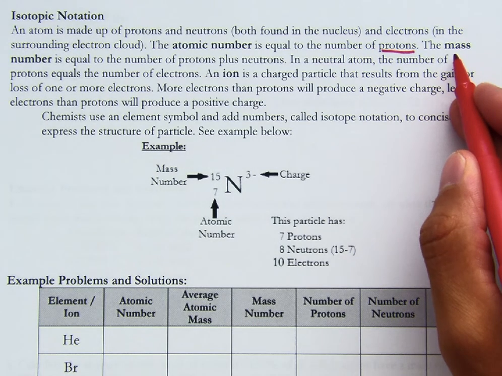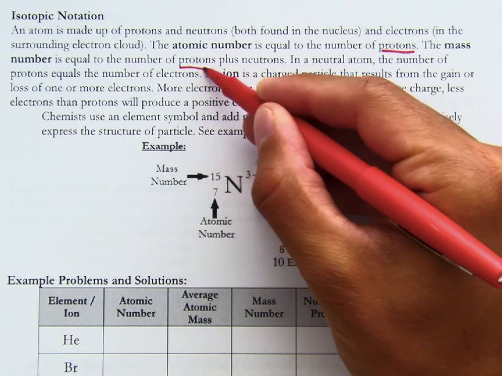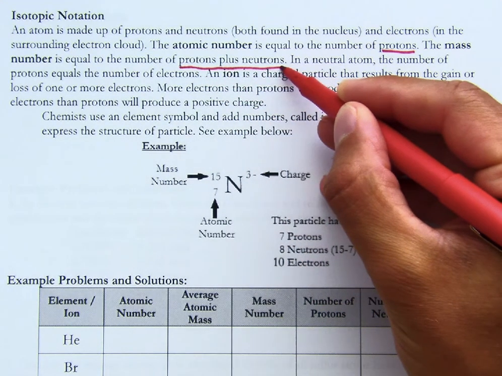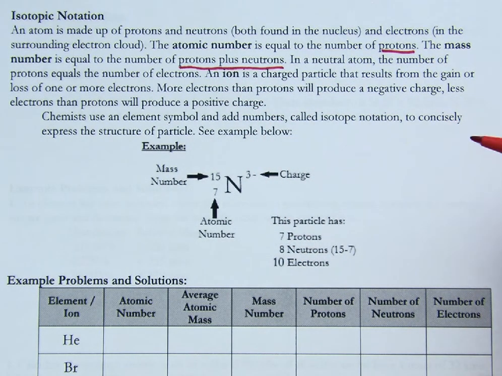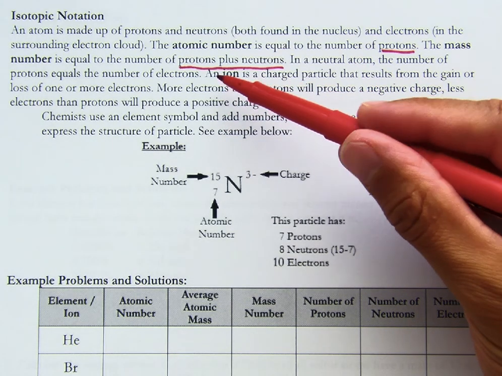Now, mass number is the number of protons plus neutrons. Almost all of the mass of the atom is coming from the protons and the neutrons. The electrons do have some mass, but it's very, very small.